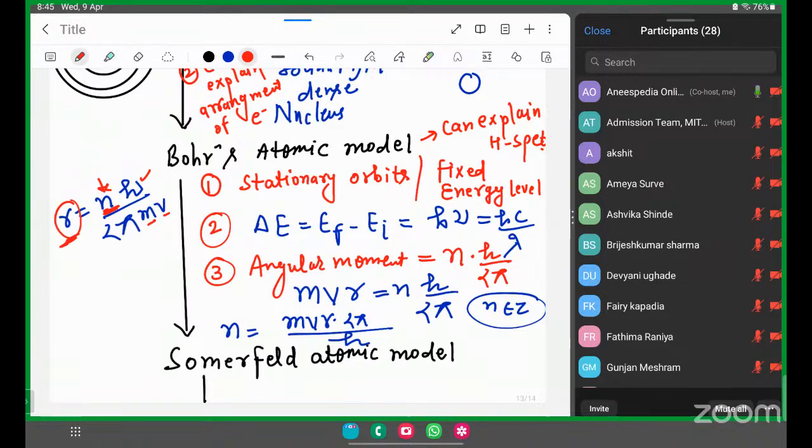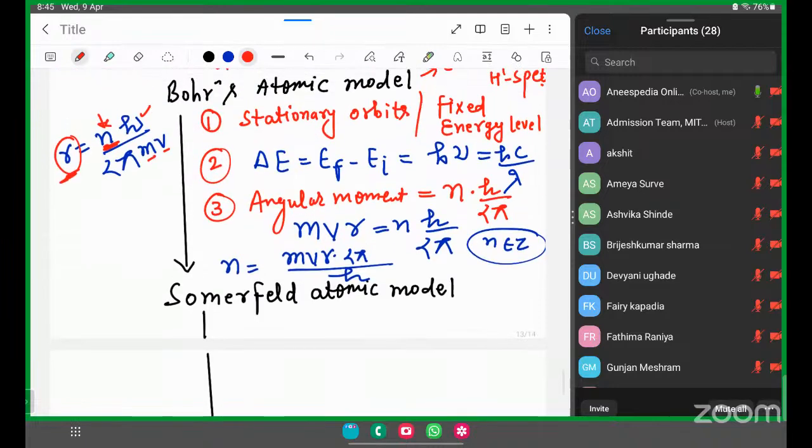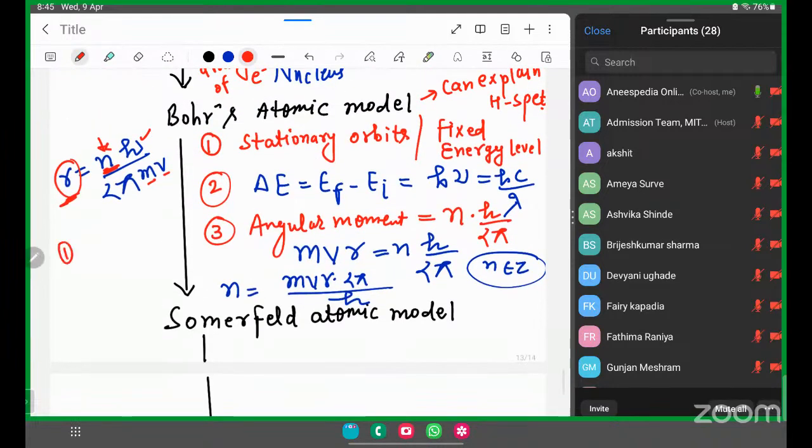And another drawback for Bohr's atomic model is that it cannot explain the spectrum of other atoms than hydrogen.